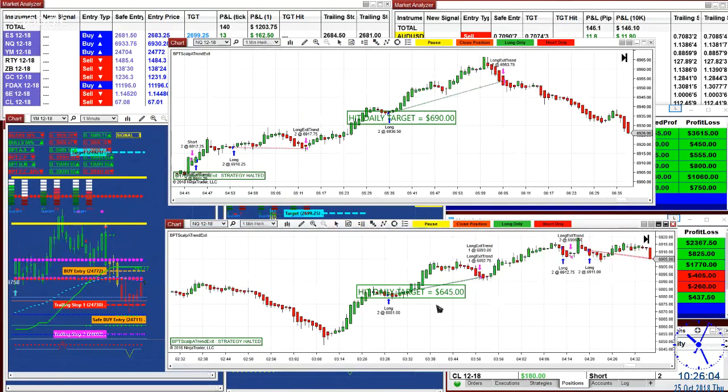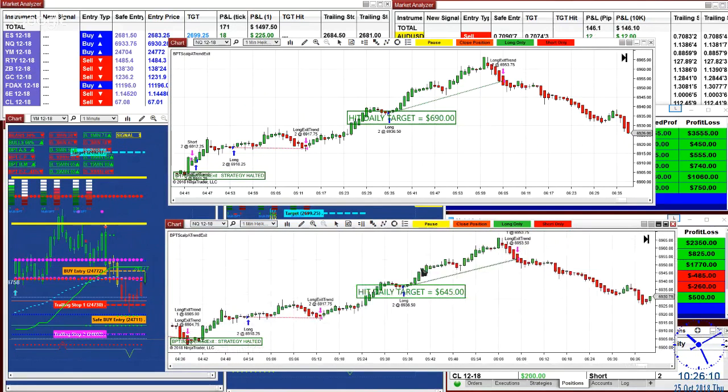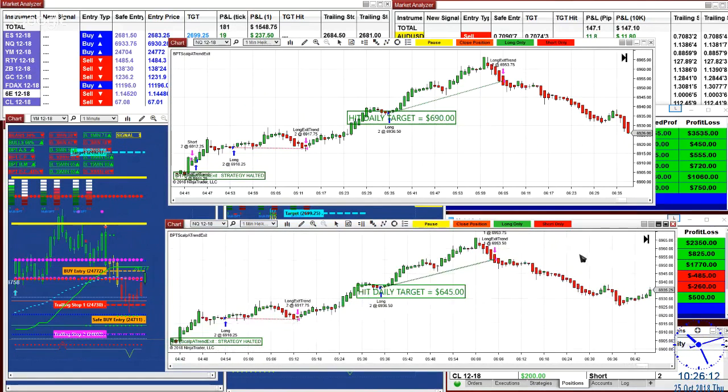And on the filtered one, this is a 1 minute, 1, 2, 3, 4, 5. We have 5 trades. So if we see the difference, the unfiltered one nailed 690, and the filtered one nailed 645.